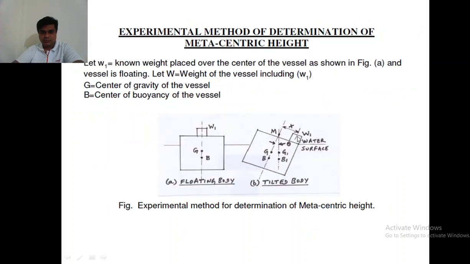Tan theta is opposite by adjacent. Just imagine a triangle, G1 M. In this right angle triangle, tan theta will be opposite GG1 by adjacent GM.